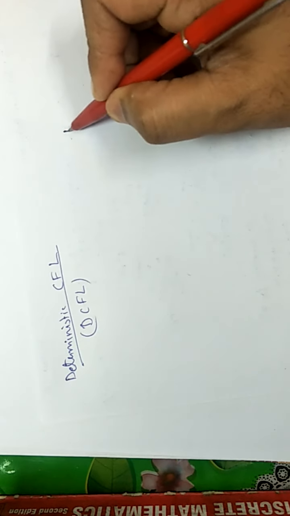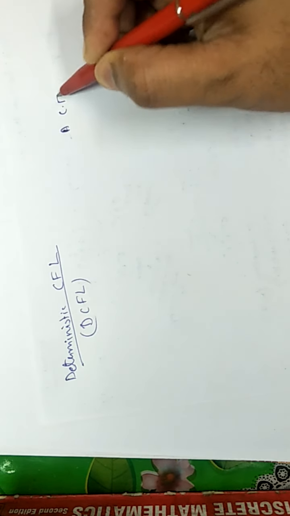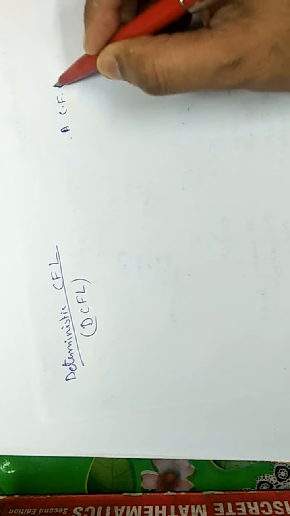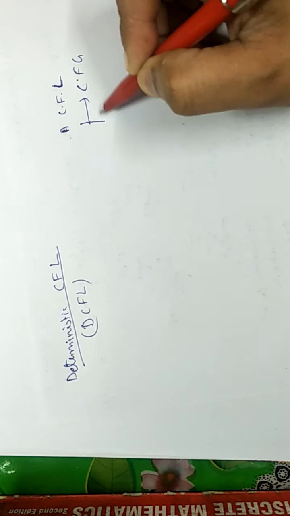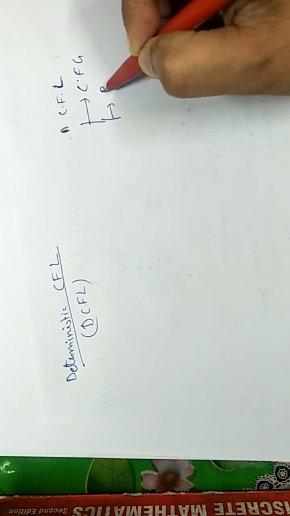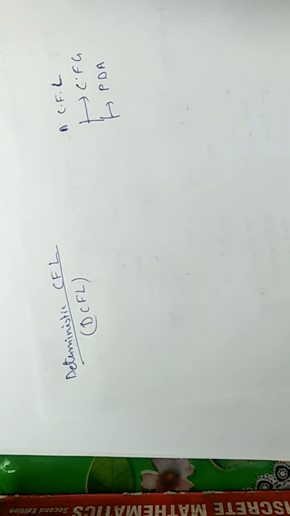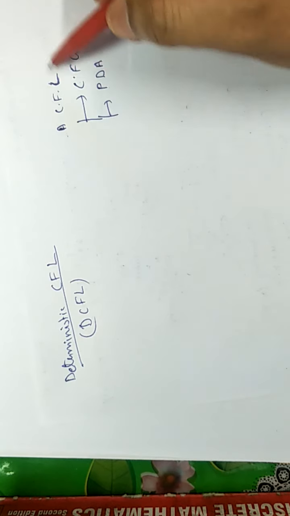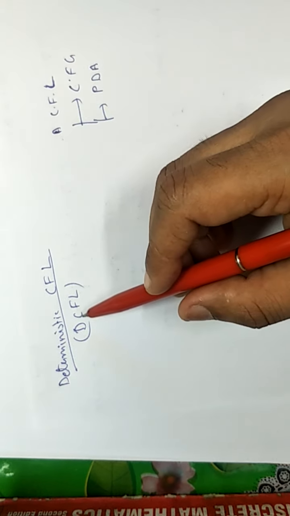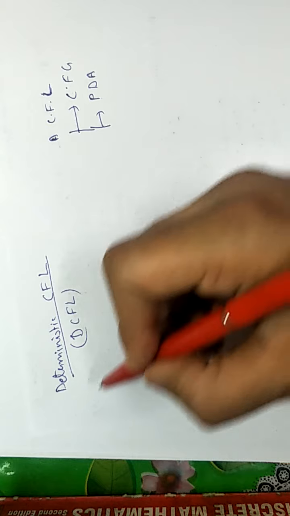We know that a language is context free if we can write a CFG for it, or we can design a PDA for it. So for any language, if we can design a PDA or write a CFG, then the language is context free. And among these context free languages, some languages are known as deterministic context free languages.